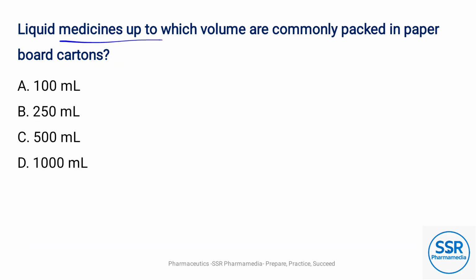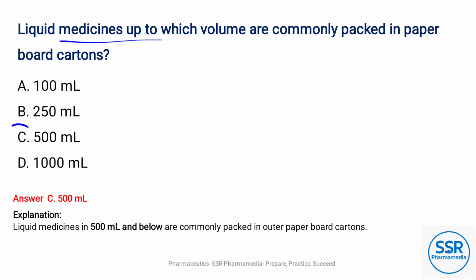Liquid medicines up to which volume are commonly packed in paperboard cartons? Option C, 500 ml. Liquid medicines in 500 ml and below are commonly packed in outer paperboard cartons.